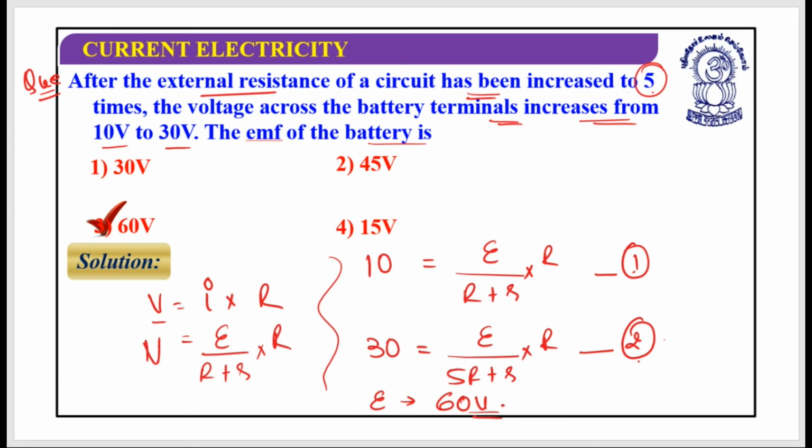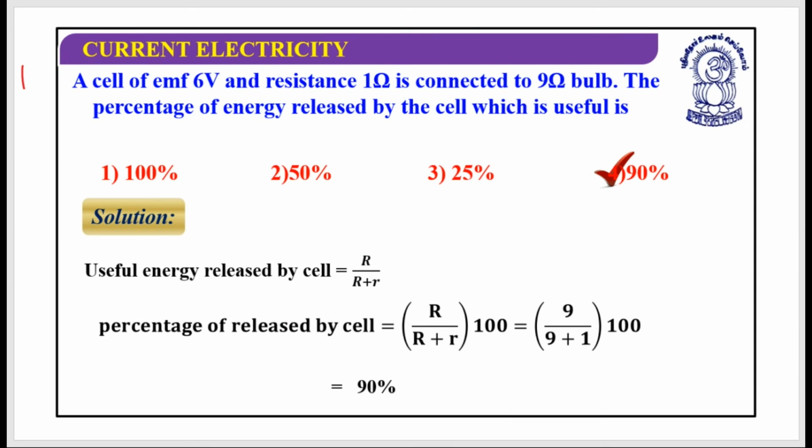Is it clear? Great. Next question is a cell of EMF 6 volt and resistance 1 ohm connected to a 9 ohm bulb.